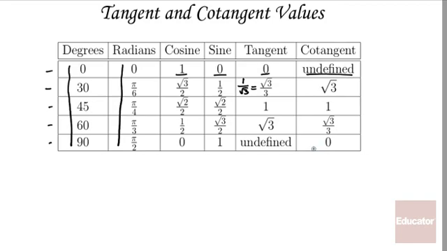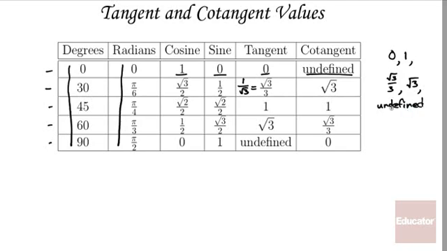So the values that you get for tangent and cotangent are 0, 1, root 3 over 3, root 3, and undefined. Those are the common values you get for tangent and cotangent.